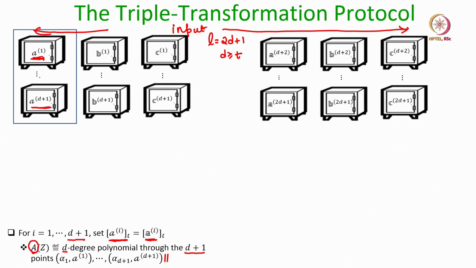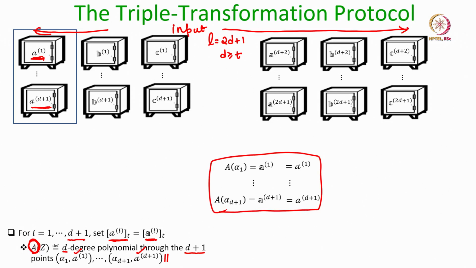I stress here that no one will know the value of this A polynomial. That means, none of the coefficients of A is known to anyone, because the points on this A polynomial, namely the A component of the first triplet, the A component of the second triplet, the A component of the d plus 1th output triplet, all of them are secret shared. As a result of that, the coefficients of the polynomial A are also secret shared here.